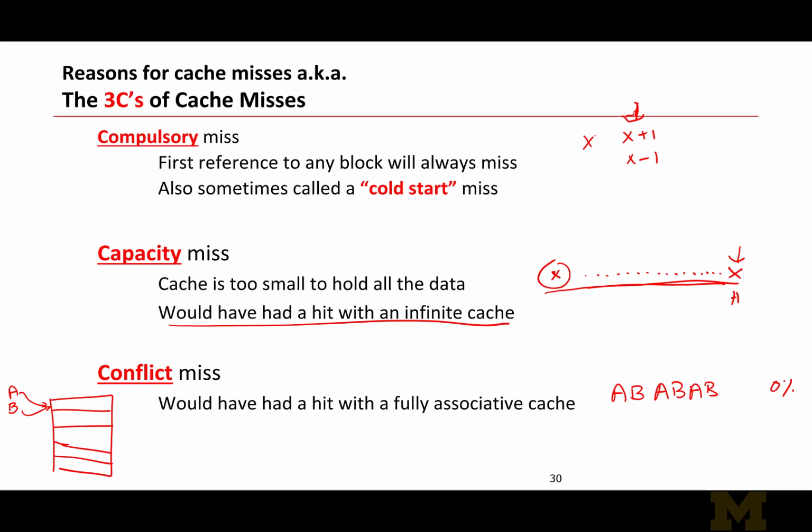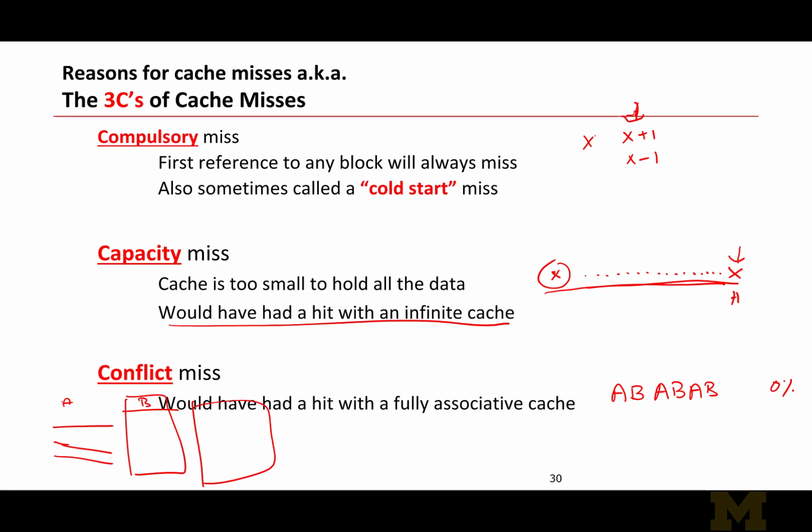And so the way to reduce those conflict misses is to try and map these two blocks to different cache lines, which means that maybe you need to increase the cache size, and that way you would be able to reduce the conflicts that may happen. But more importantly, you probably want to provision more ways so that A and B can be simultaneously stored in the cache.